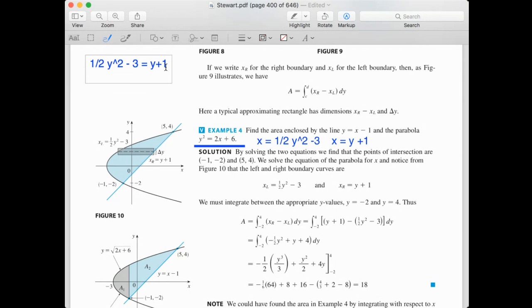Let's multiply by 2, so we'll have y squared minus 2y, then minus 6, minus 2, it becomes minus 8. Now let's factor this. This can be factored as y minus 4 and y plus 2. So we get y equals negative 2 and positive 4.